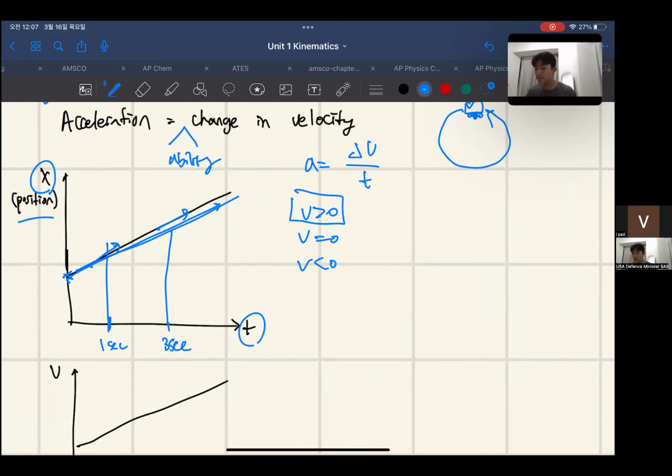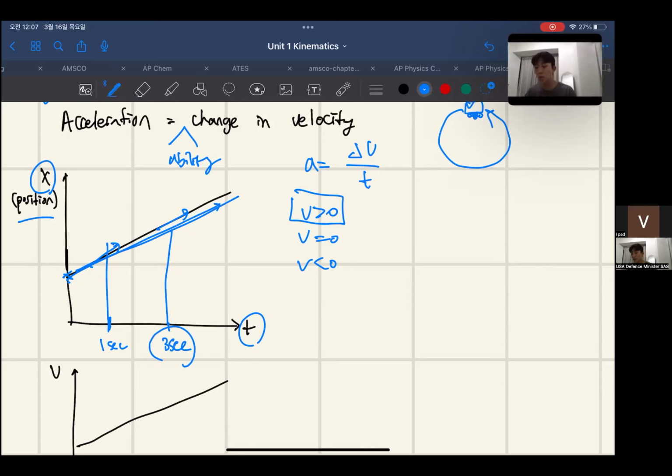This tells us the velocity is positive. That's why the object is moving towards the positive direction, but the velocity is stable. The velocity is not increasing, because if velocity was increasing, then later, when t equals 3, the position of the object should change more, because again, velocity is the ability of the object to change its position.